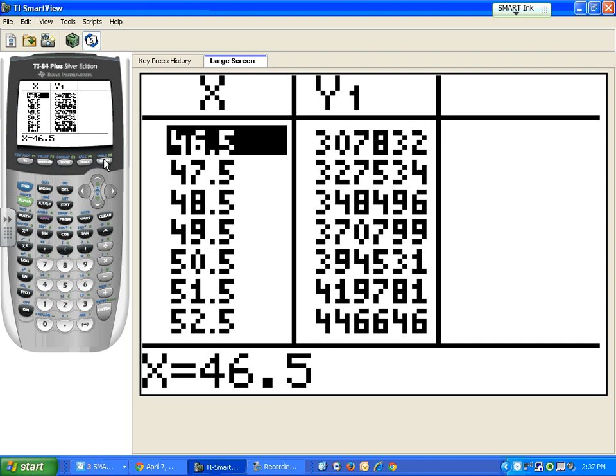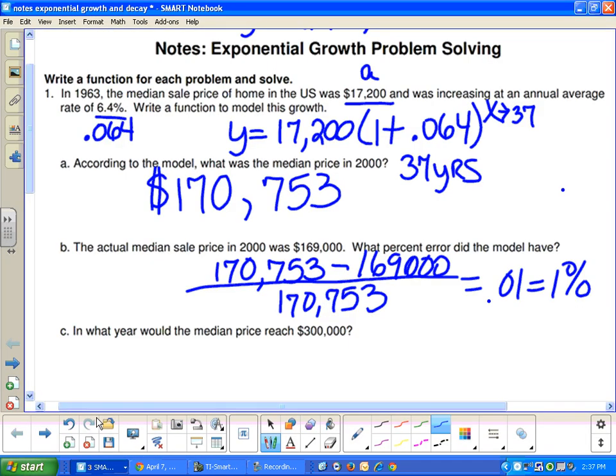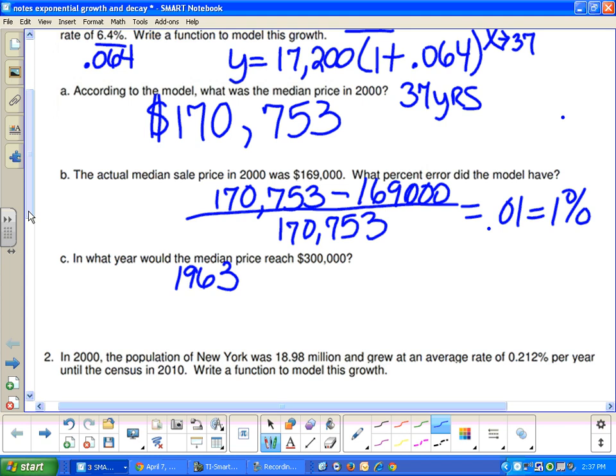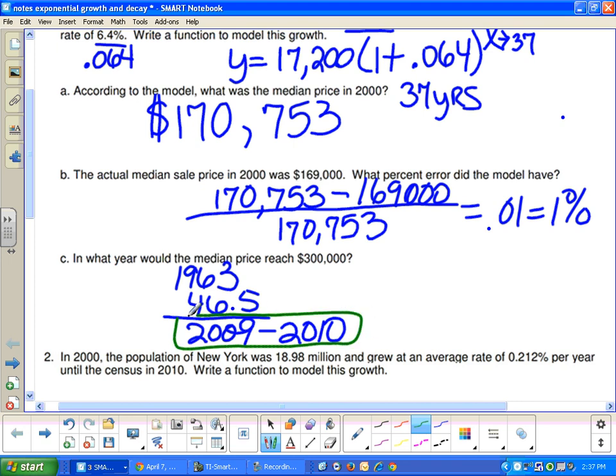It asks what year that is, and so we want to say 1963 plus 46.5. We end up with around 2009 to 2010 as our approximate year.